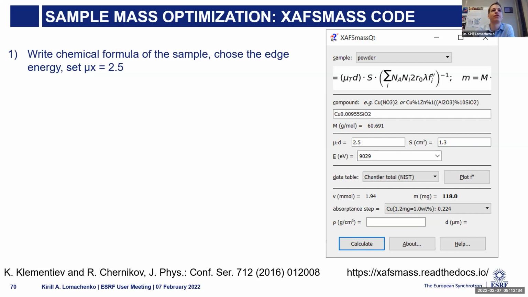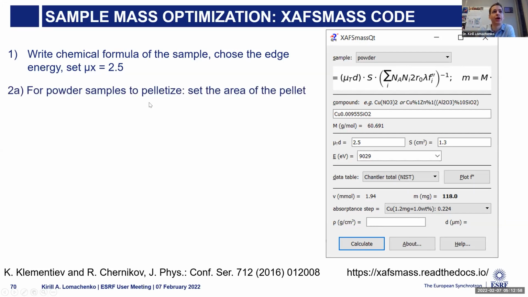Based on this molar formula, you can calculate how much sample you need and how high the edge jump is going to be. So you insert the chemical formula, and you set the total absorption to something around 2.5, between 2 and 2.5. So how much your sample you want to absorb in total.